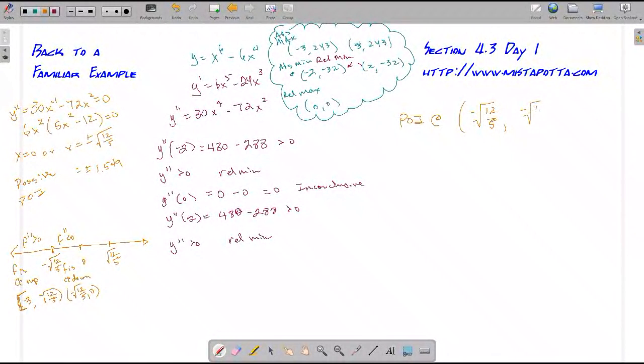Negative root of 12/5 to the 6th minus 6 times negative root 12/5 to the 4th. So that's a beautiful answer. That's one of my points of inflection.